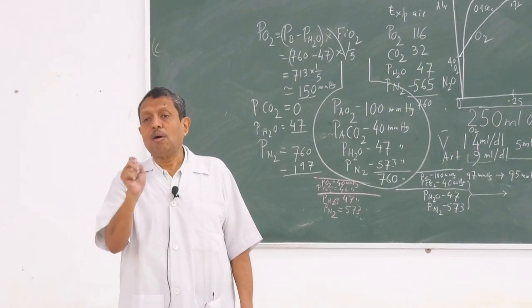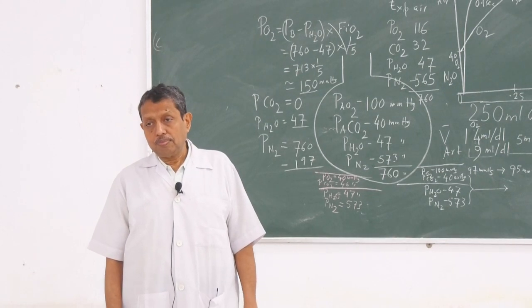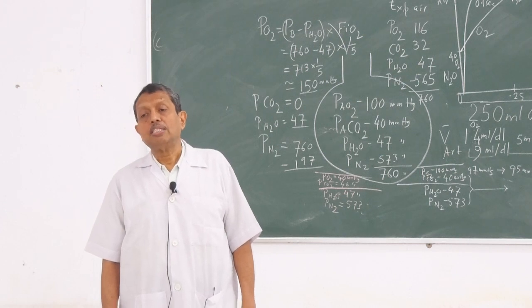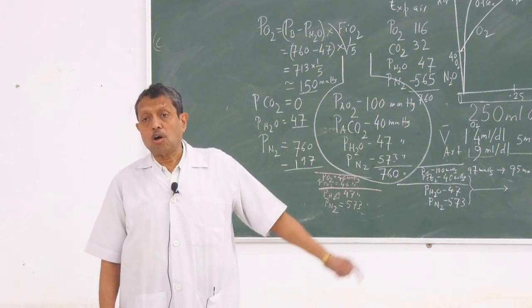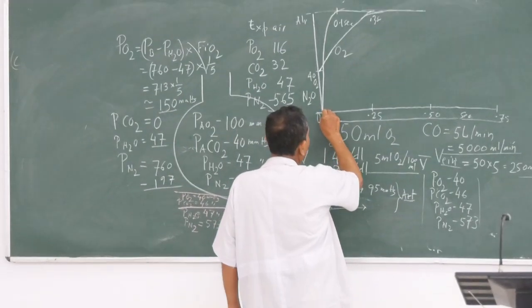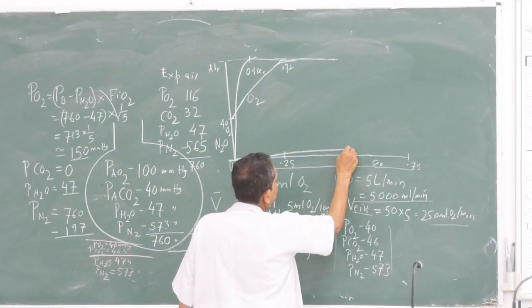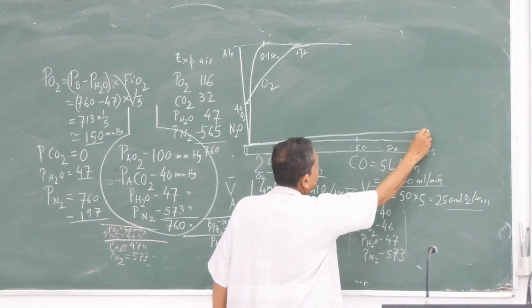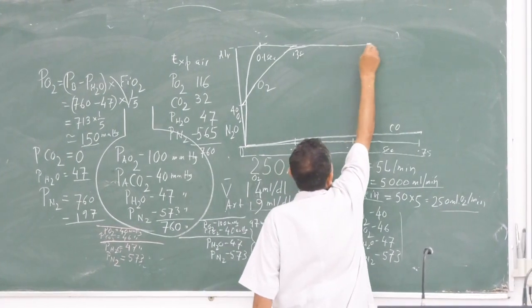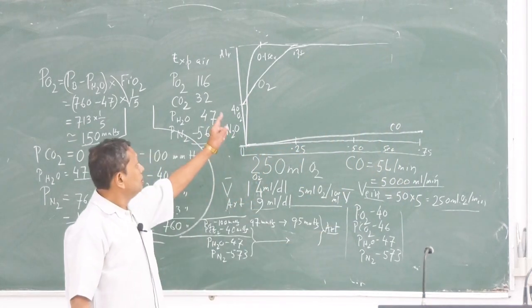So very limited amount remains in the plasma or within the RBC fluid. So diffusion is not complete during the short period. So its partial pressure, the carbon monoxide, is far away from this saturating point. Clear?